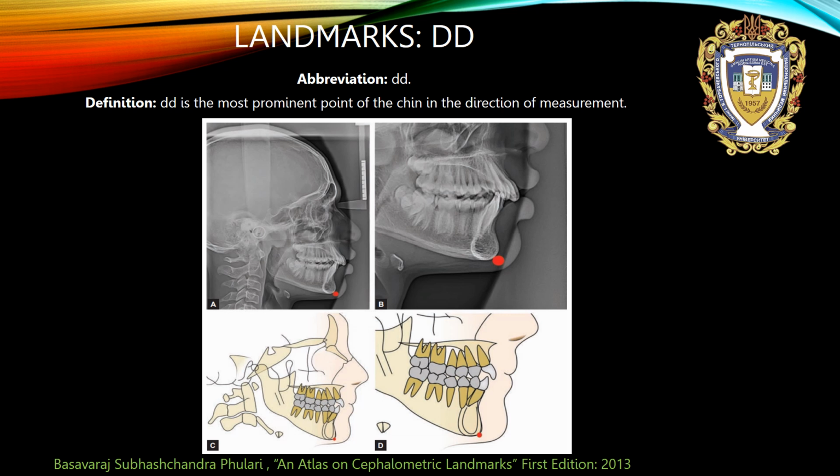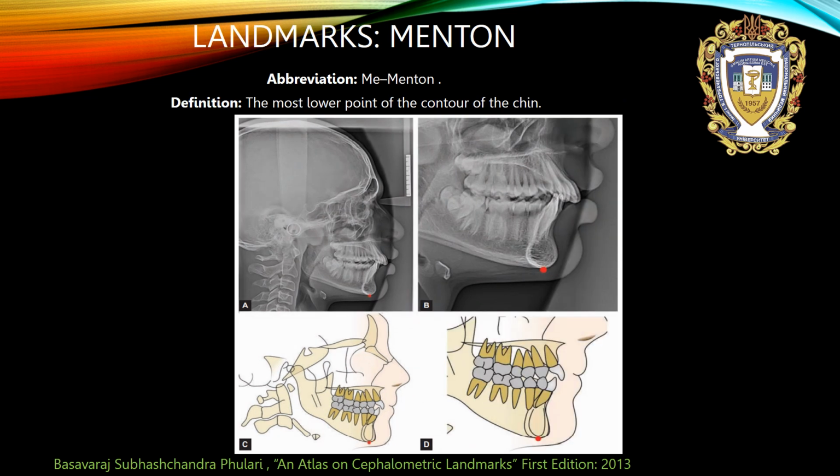Pd point is the most prominent point of the chin in the direction of measurement. Menton point. It is the lowest point of the contour of the chin.